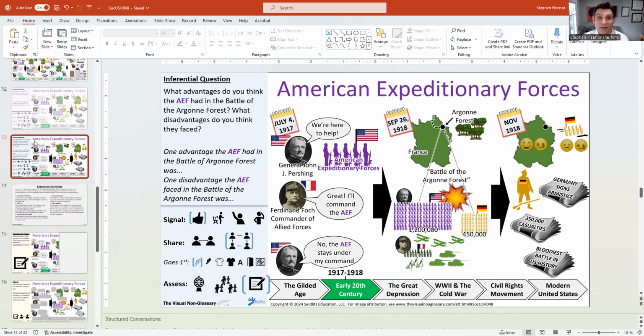They are probably going to have as their first response this vocabulary word. They're probably going to say the American Expeditionary Forces. And then if someone says, well, what did you learn about them? They'll be able to go into much greater depth and elaborate on the Treaty of Versailles and the Battle of Argonne Forest and all these other key vocabulary words that appeared in the visual and came up in their conversations.